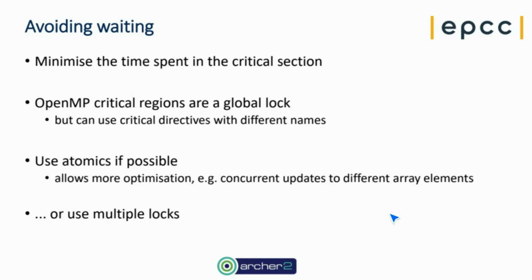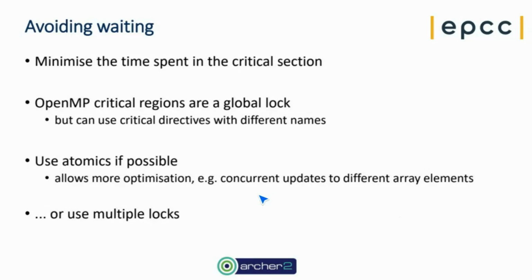And so all threads mutually exclude with each other on the critical region. If we actually have different pieces of data we want to protect, it's possible to use critical directives with different names. So there's an optional name you can add to an OpenMP critical directive, and only critical directives with the same name will mutually exclude.